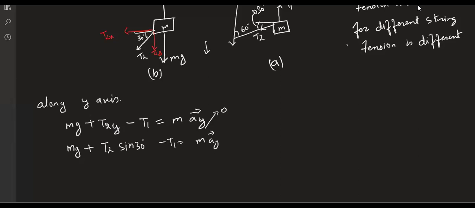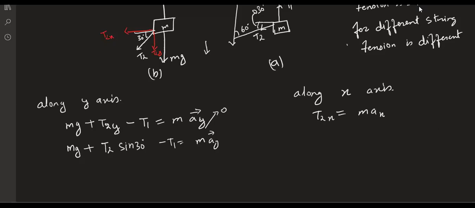Now along the x-axis, we have only one force, which is T2x. So T2x is equal to max. Yes or no?